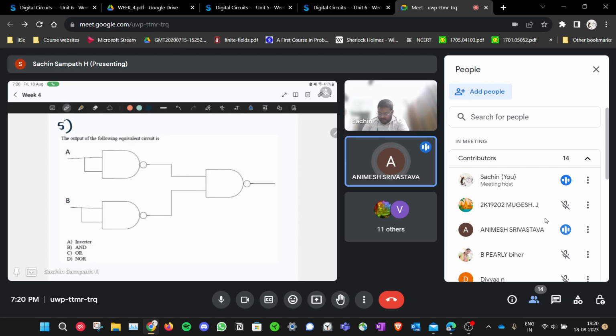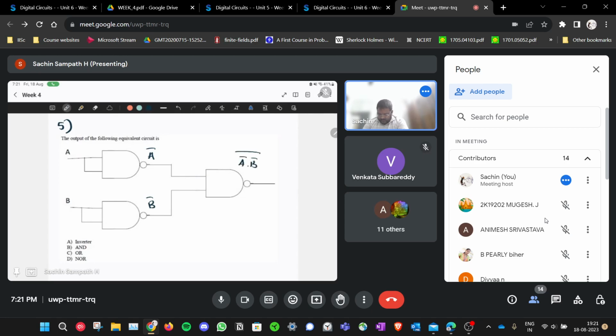It's AND or OR. A bar, B bar, A bar dot B bar, whole bar. Just A or B. So it's OR. Okay. Someone said AND. Did you understand this point? Or do you have any confusion? No problem here, right?